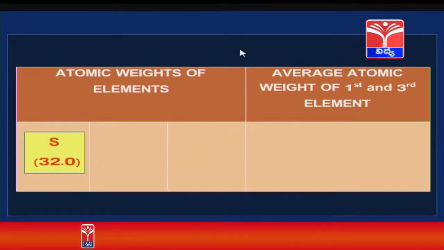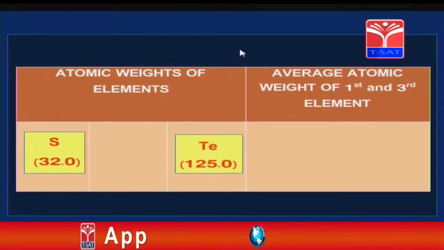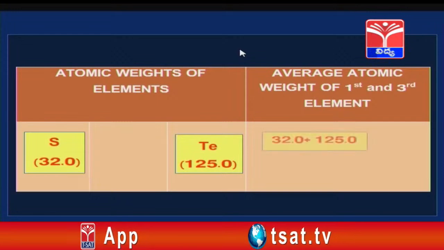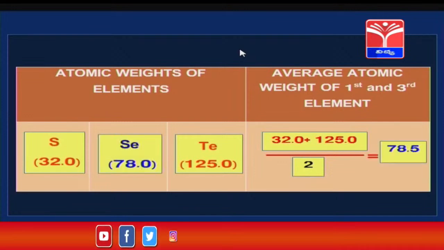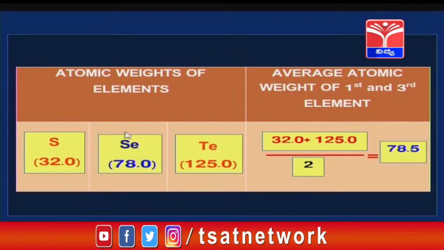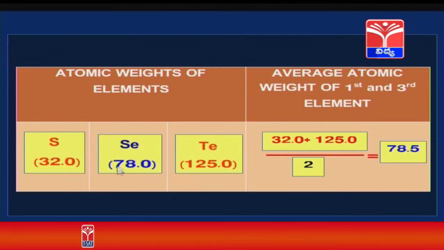Fourth triad, sulfur whose atomic weight is 32, tellurium whose atomic weight is 125. The average atomic value of this one will be 78.5, which is almost matching the atomic weight of selenium. It is the middlemost element.